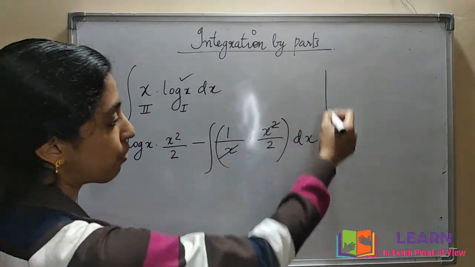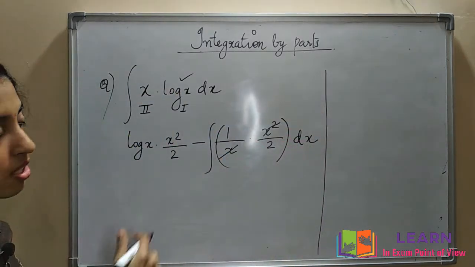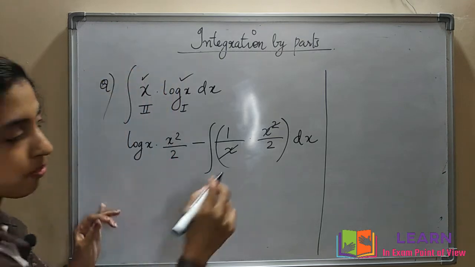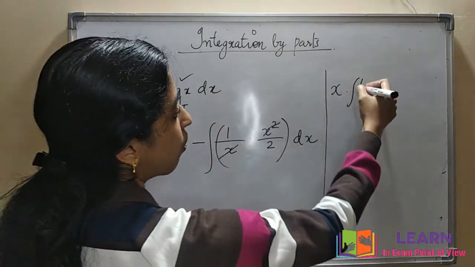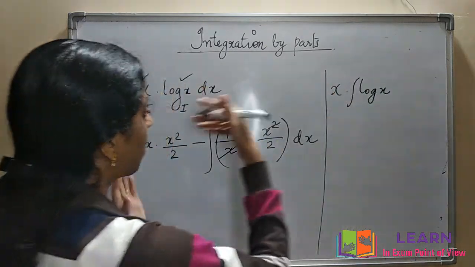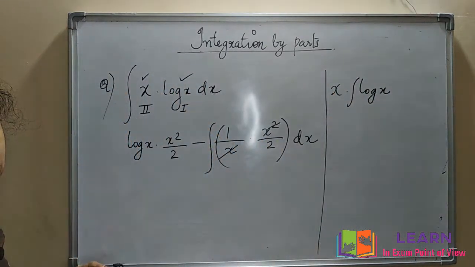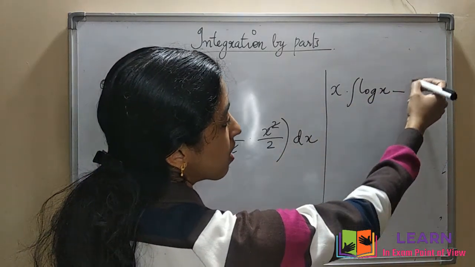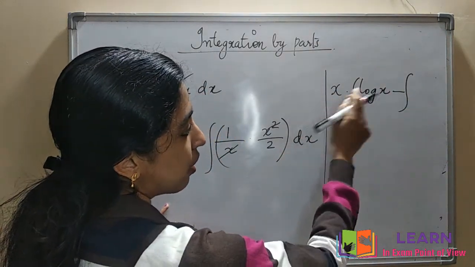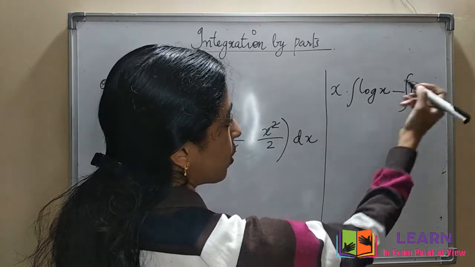What will happen if you reverse it? If we took x as the first term, how will it be? First function into the integral of log x, which we don't know yet, then minus integral, derivative of first, which is 1, into again the integral of log x.